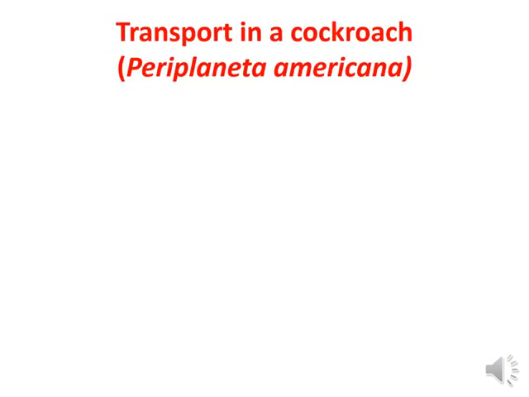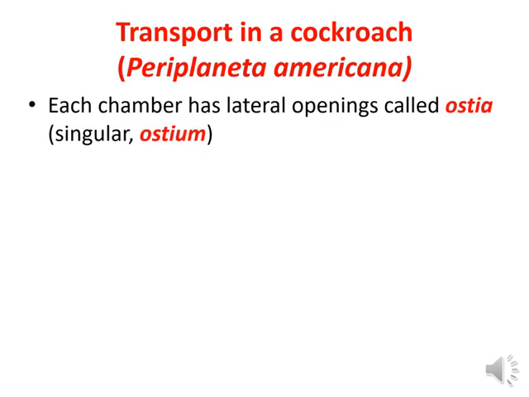Now, transport in a cockroach. The cockroach is scientifically known as Periplaneta americana. Now, each chamber has lateral openings called ostia. Lateral means they are on the sides.